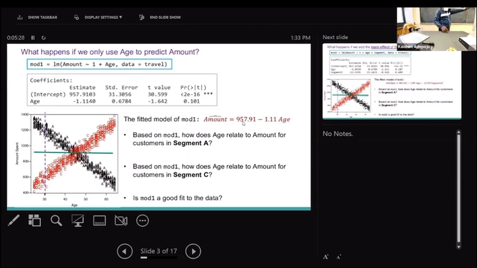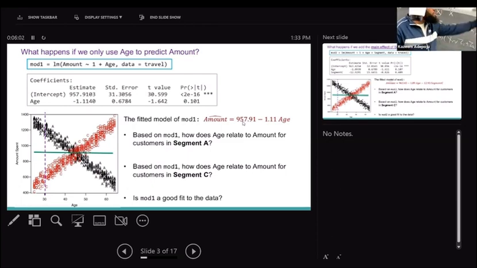Which means based on this model, you can answer a question about how age relates to the amount spent for customers in segment A and for customers in segment C. There's no way you'll be able to handle that, because this very model is only telling us they're going to relate the same way, but they are not, and therefore it's not a good model.